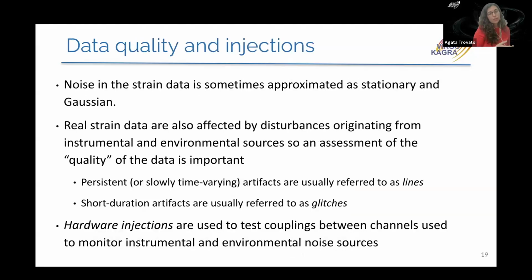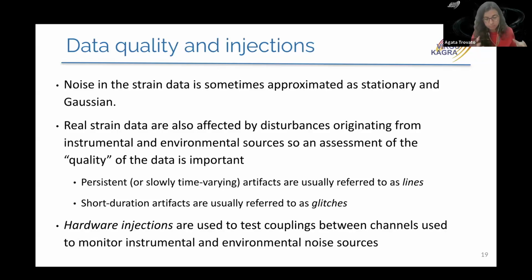Besides the calibration, another important concept to understand our data is the quality of the data. In many analyses, we assume that the data are stationary and Gaussian, but actually in real data, there are disturbances many times that affect what is called the quality of the data.